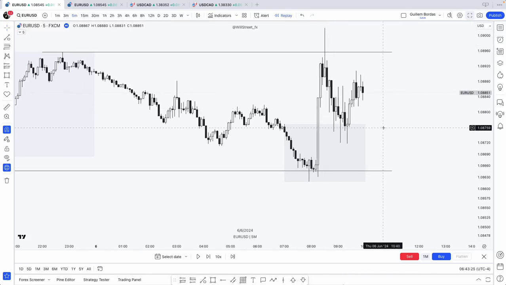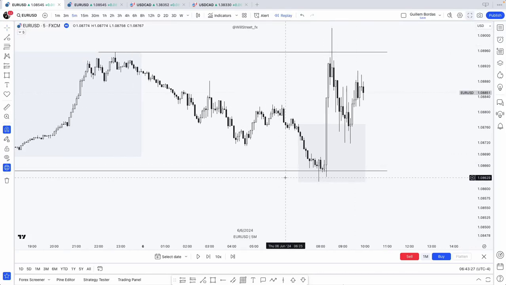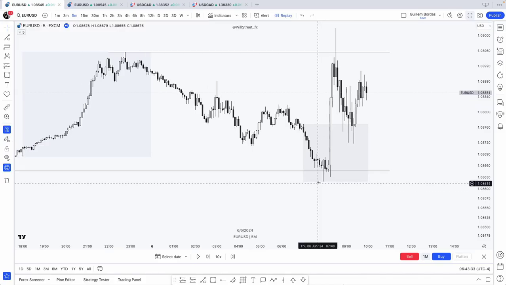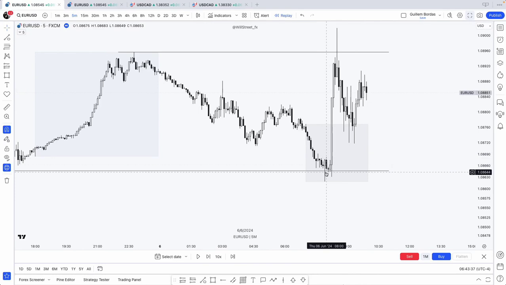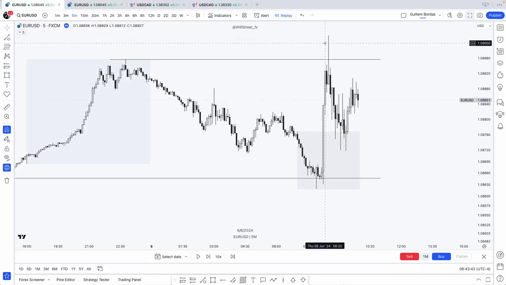With 5 minutes is more than enough. Remember the sequence. First one, turtle soup. Second one, order block or range low in this case, acting like a what? Change in state of delivery. Look at how it tries, and finally 8:15 was the news. Bam.